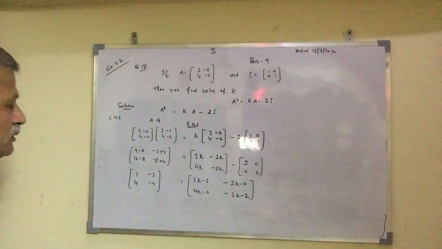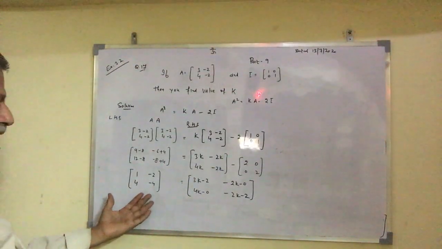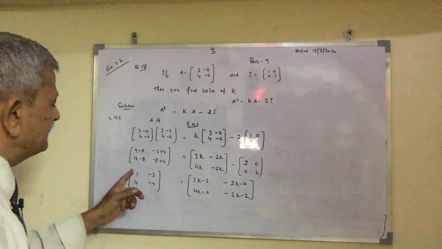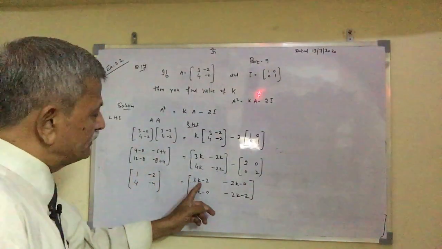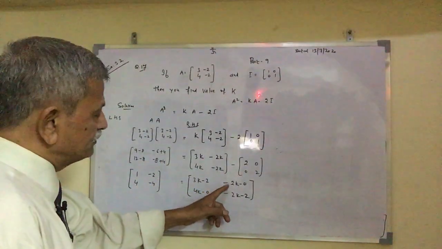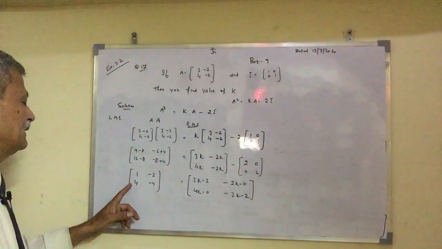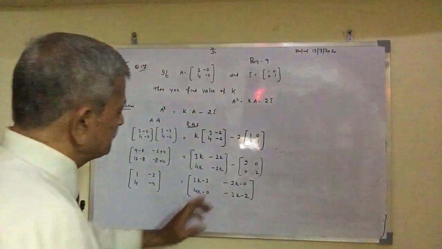Now as per the rule of matrices, left hand side is equal to right hand side, that is, A11 of this is equal to A11 of this, then A12 is equal to A12, and A21 is equal to A21, then again A22 is equal to A22.